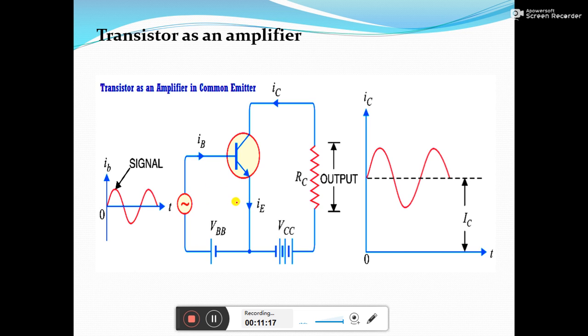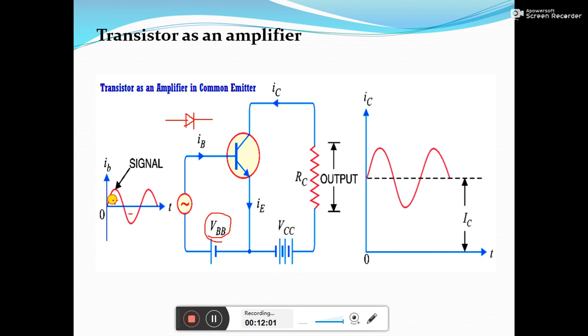So irrespective of the polarity of the signal, meaning in an AC signal you get two polarities, positive as well as negative half cycles, I can refer to the emitter to base junction as a diode. The VBB is large enough, so that if there is any change in polarity in the case of an AC signal, that doesn't make any difference. This emitter to base junction is always forward biased.